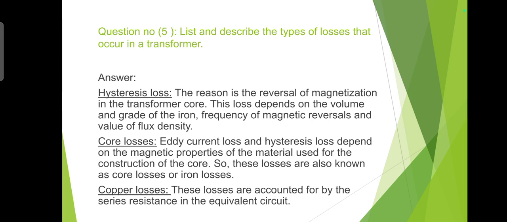Eddy current losses and hysteresis losses depend on the magnetic properties of the material used for the construction of the core, so these losses are also known as core losses or iron losses. Copper losses are accounted for by the series resistance in the equivalent circuit.